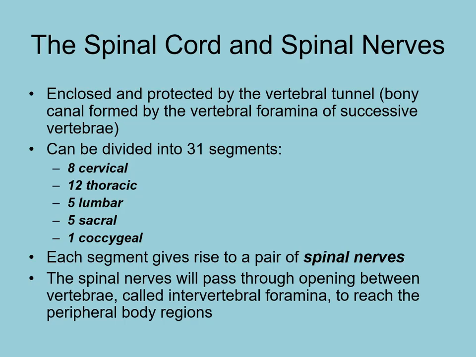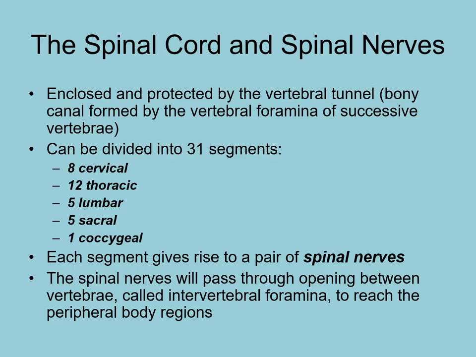Now the vertebral foramen is that opening, remember, at each of the vertebrae, and so the spinal cord is running through there. The spinal nerves can be divided into 31 different pairs, and so the spinal cord is divided into these different segments.